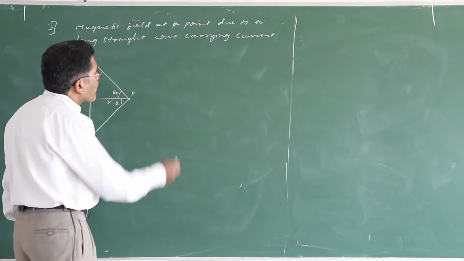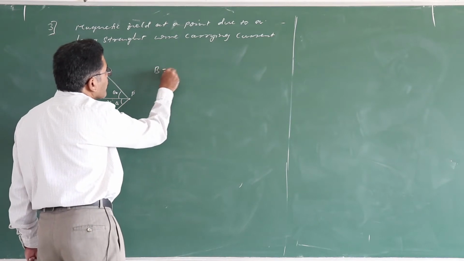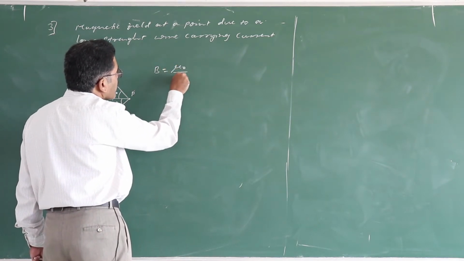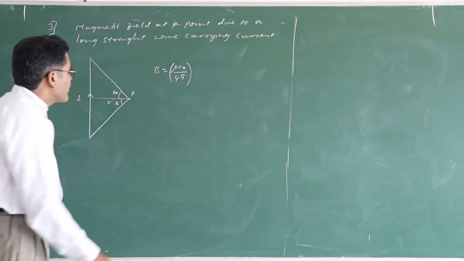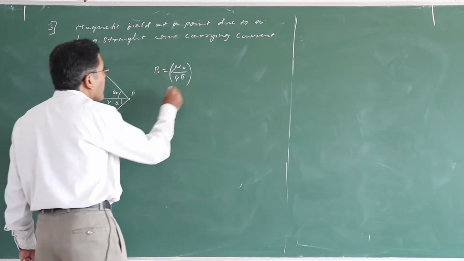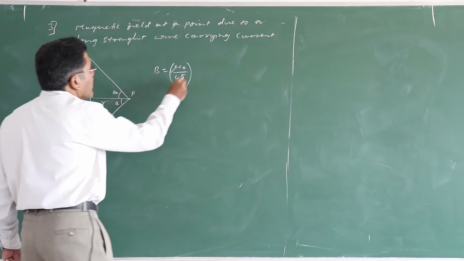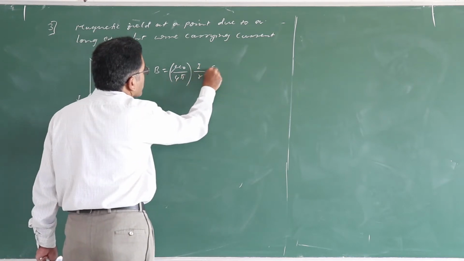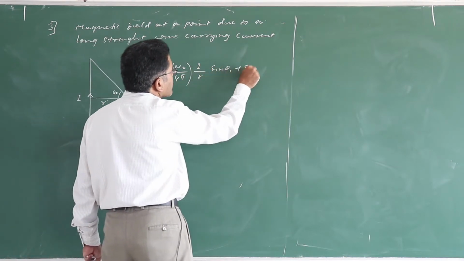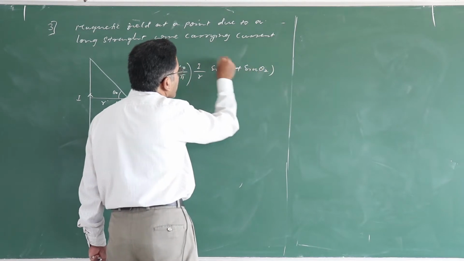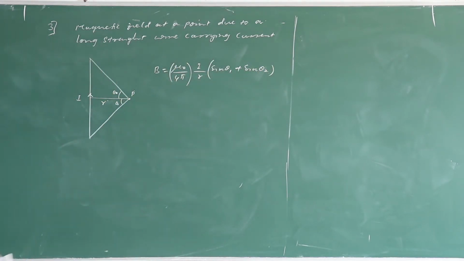Then we can write B is equal to mu naught by 4 pi, I by r, into sin theta 1 plus sin theta 2. This is the relation for the magnetic field at a point due to a current carrying long straight wire.